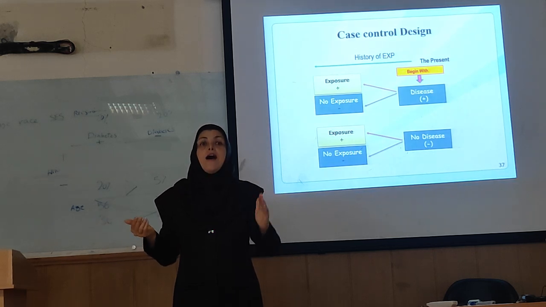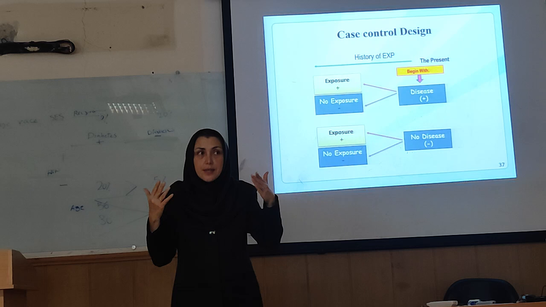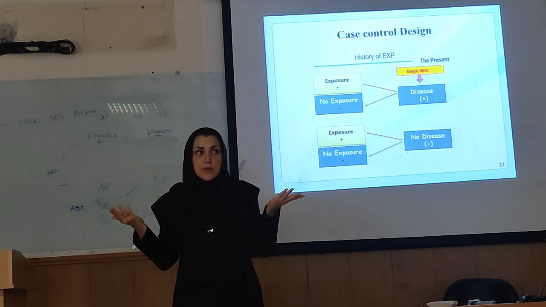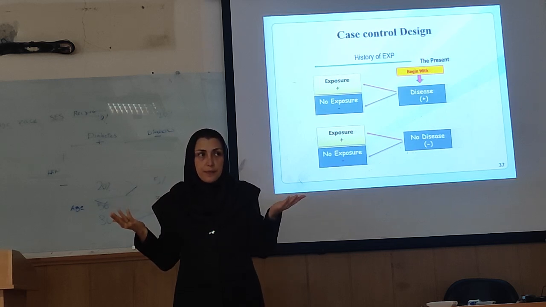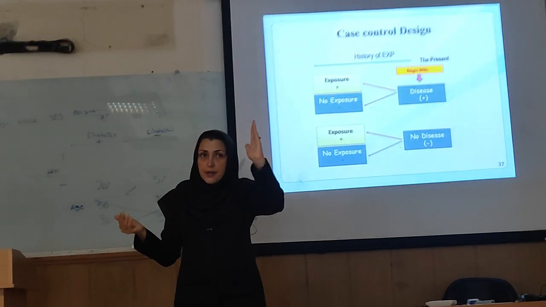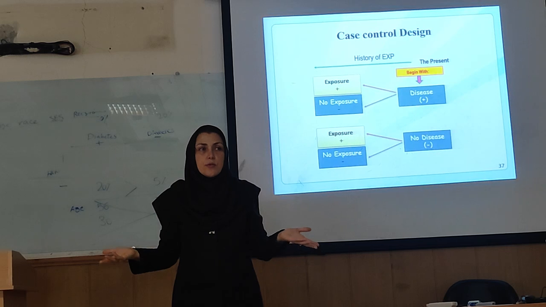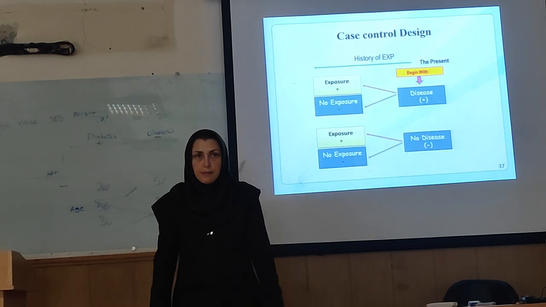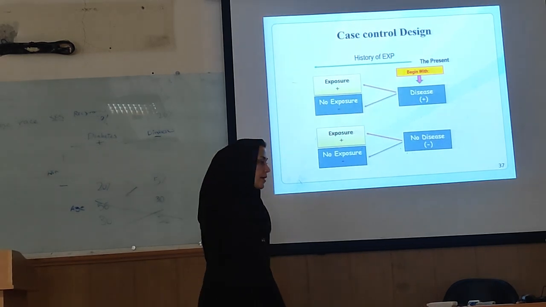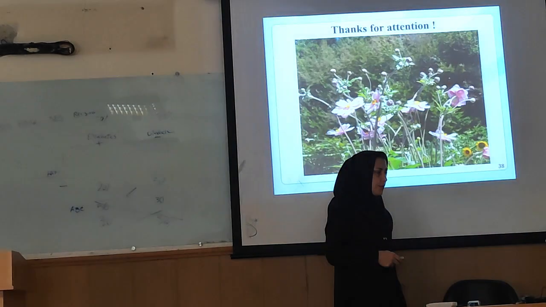It means that higher exposure, higher chance of disease. It is direct association. And sometimes higher exposure, lower disease. It is inverse association. That's it. The case control study is finished.